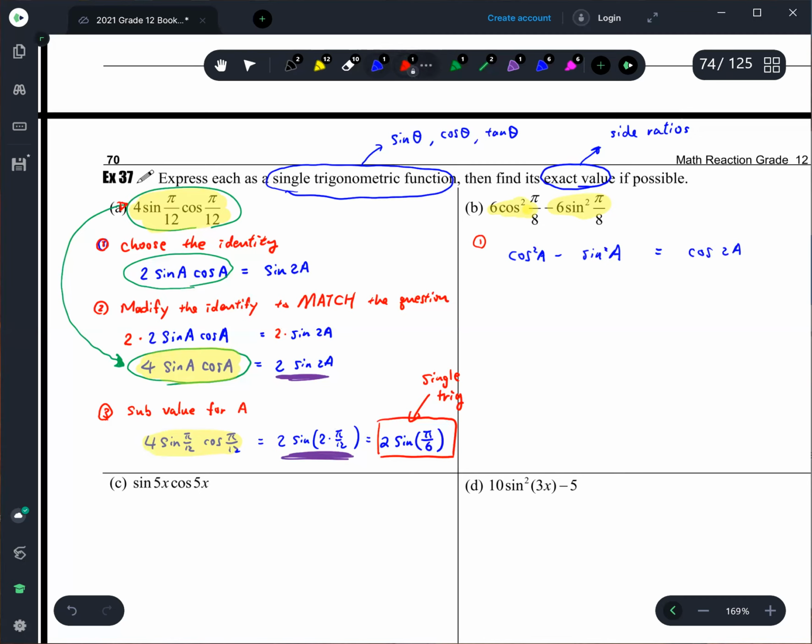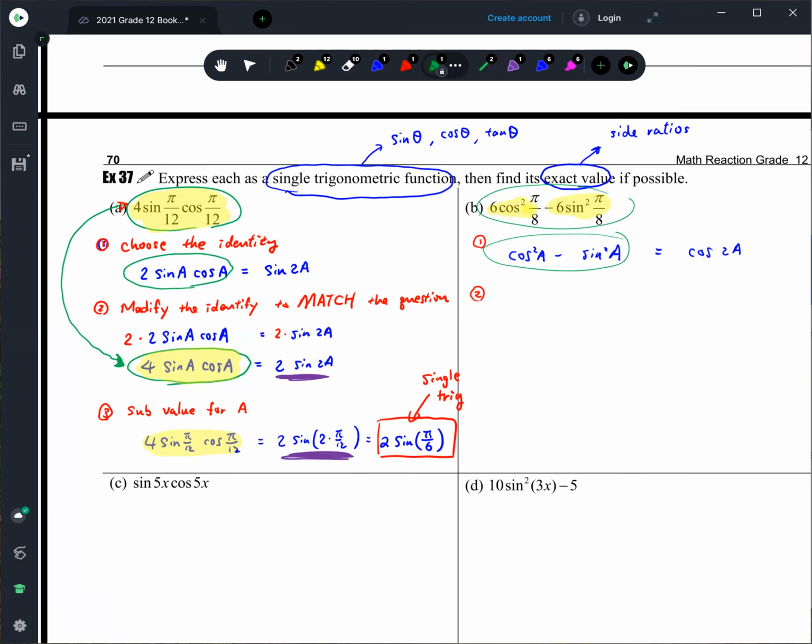That's our step 1, pick the one. Step 2, we want to make this match the question. You compare the question with the left side. How do we make the left side look like the question? Remember, it's to match the question. Do not change the question.